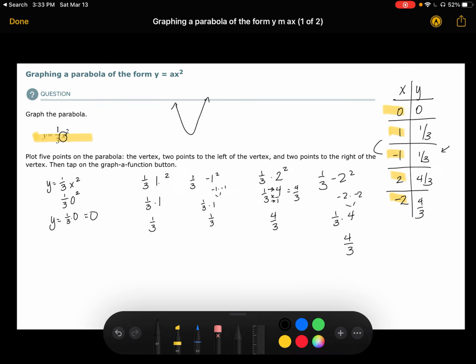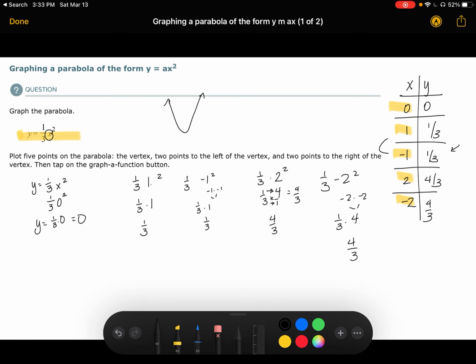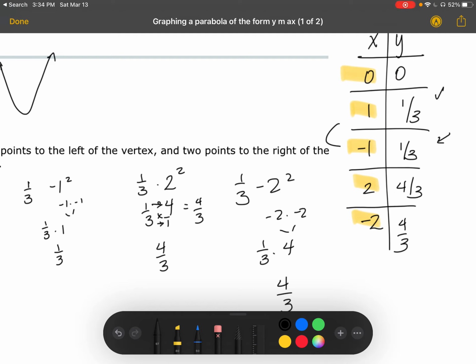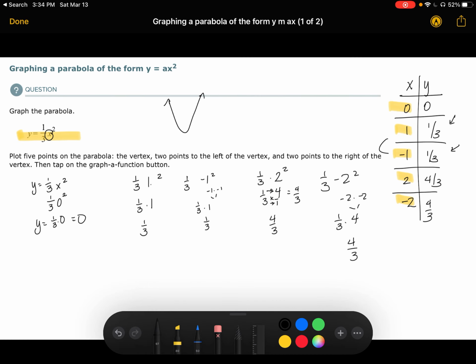All right, so when you go and plot this, especially since these are fractions, it's going to be a little harder to find exactly on the line. It should give you an option where you can put the x value and the y value in, and then it says plot point.